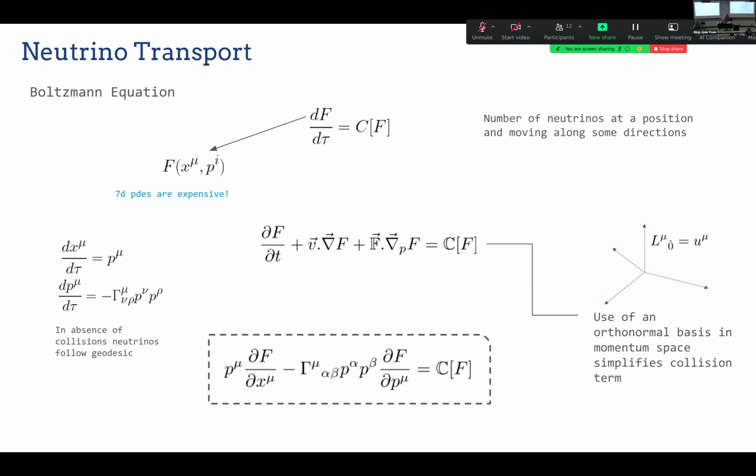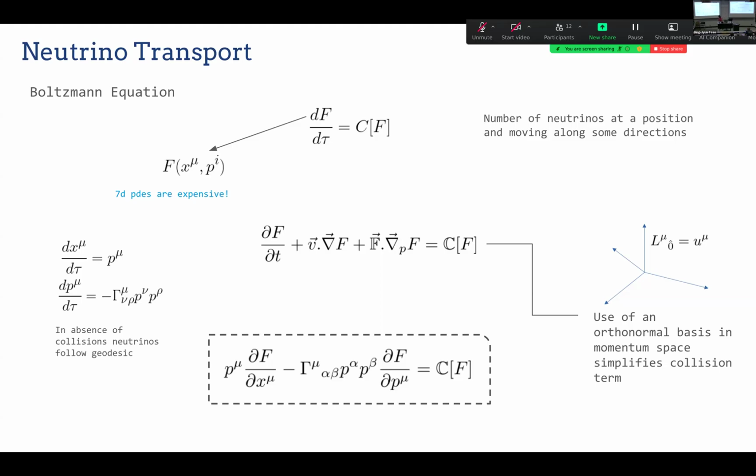The main equation here is just the Boltzmann equation. The Boltzmann equation essentially describes how the distribution function for neutrinos changes. The distribution function essentially gives you the number of neutrinos at a given position moving along some direction.